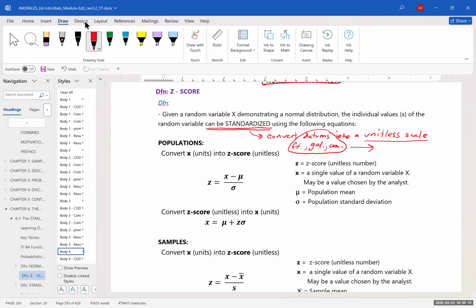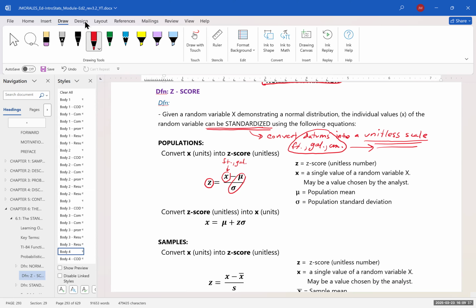And when we want to convert values of x that might be in some unit, like feet and gallons, then we need to know what the mean and standard deviation is. And once we've got everything on the right side of this equation, that'll allow us to calculate the z-score, which is the value on our unitless scale.